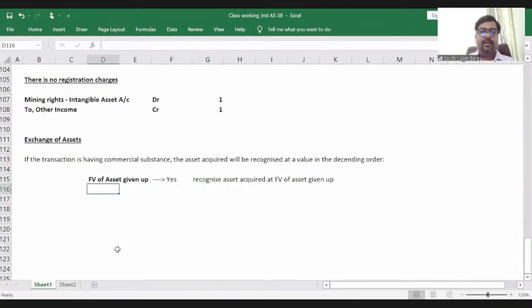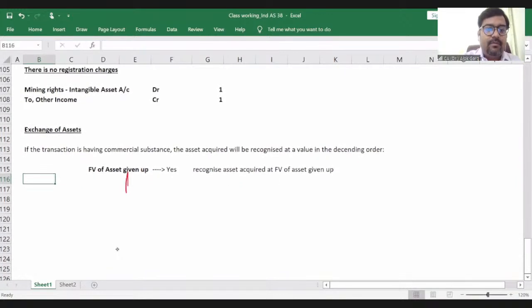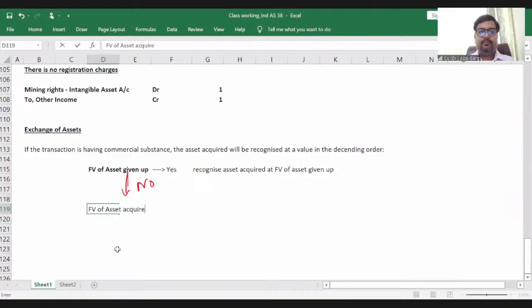For example, it comes out as a no. Fair value of asset given up, no. Then you have to go by fair value of asset acquired. If it is there, for example, if fair value of asset acquired is there, answer is yes. Then recognize asset acquired at fair value of asset acquired, right?